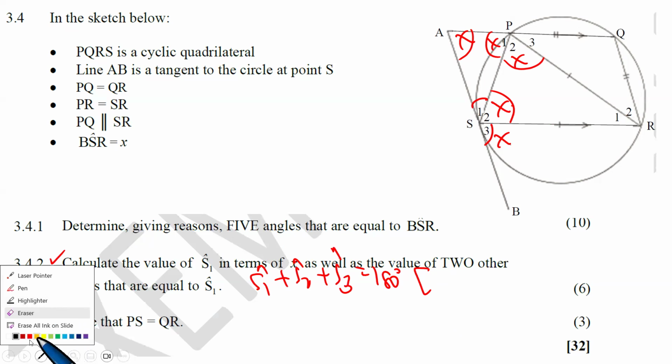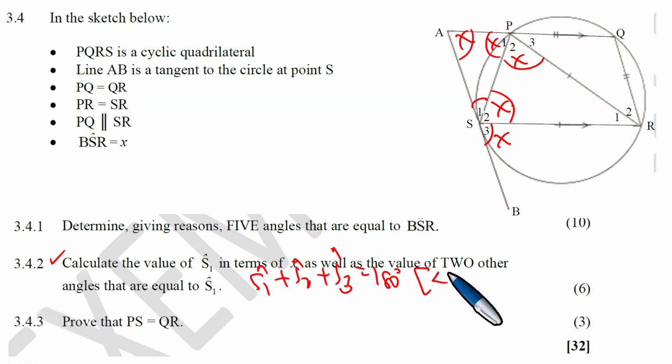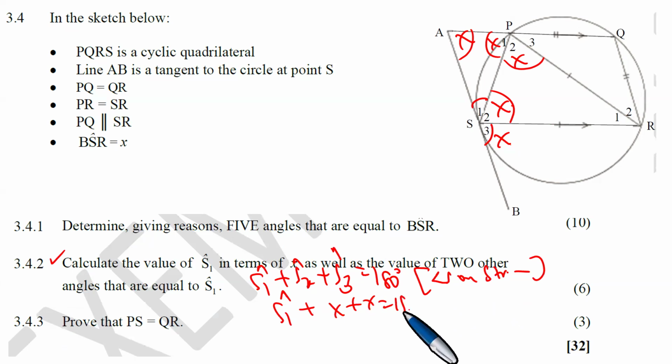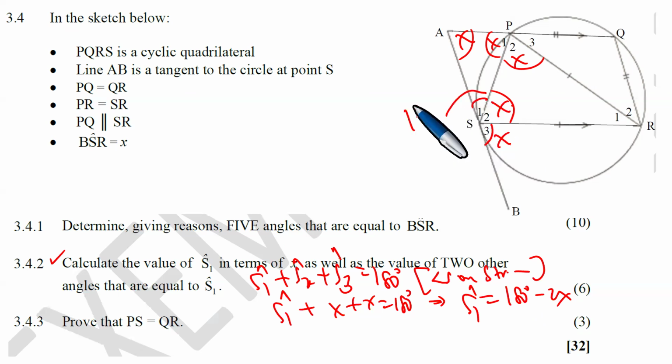So you have S1 plus, what is S2? S2 is X plus X, which is 180 degrees minus 2X. So yeah, this S1 is actually 180 degrees minus 2X.